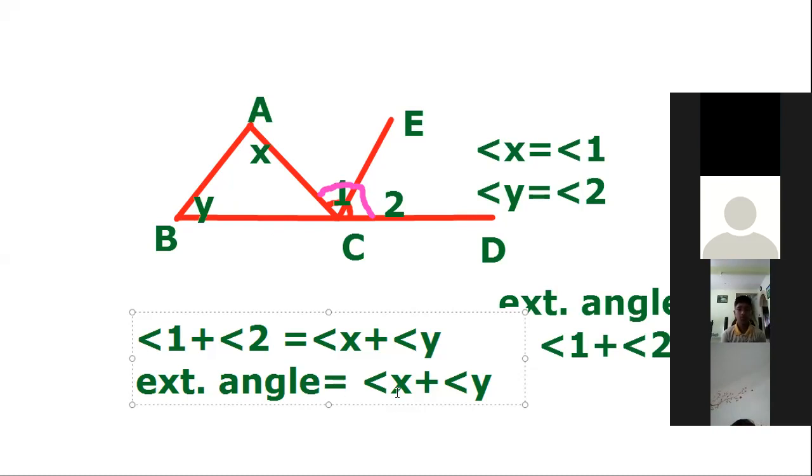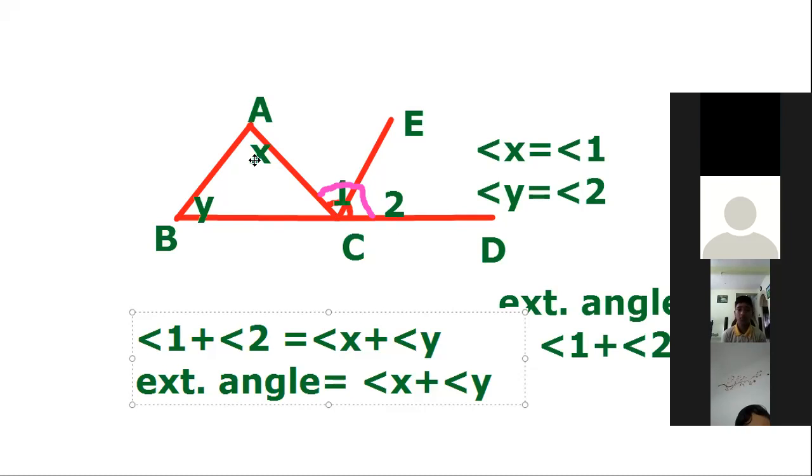Then what is the sum of angle x and angle y? It's equal to the exterior angle, that is angle 1 plus angle 2. That's why we can say the property of the exterior angle, that an exterior angle of a triangle is equal to the sum of interior opposite angles. Here the exterior angle is angle 1 plus angle 2, which is equal to the sum of angle x and angle y.